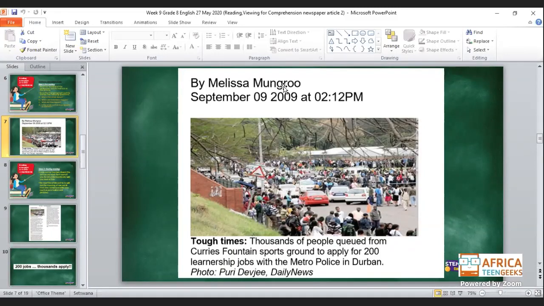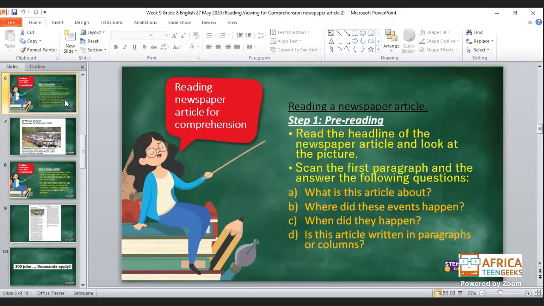It will tell you who wrote the article, and it will tell you the date as well as the time when that article was published on the online web page. Right. So let's see. Okay, Tyrese thinks there are not enough jobs for everyone. Okay, we will see that when we read the article.